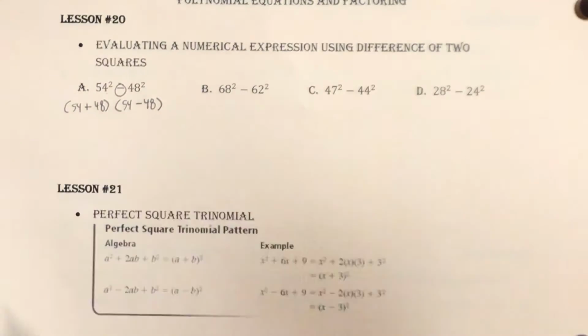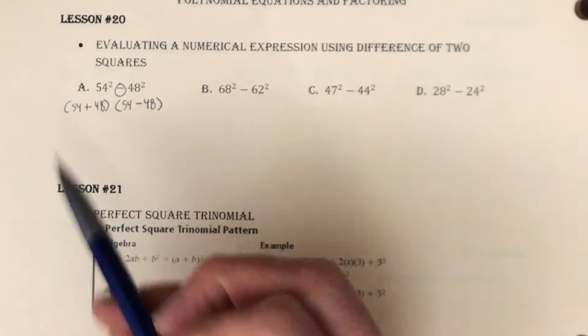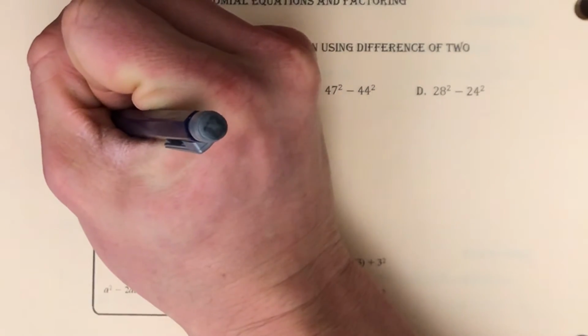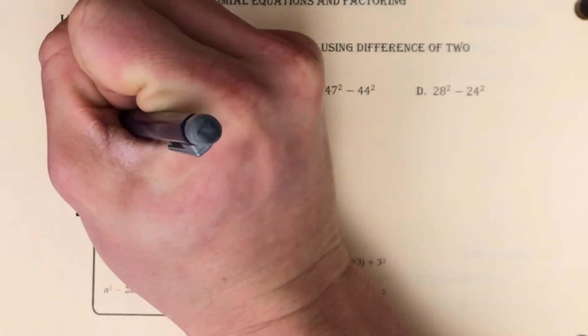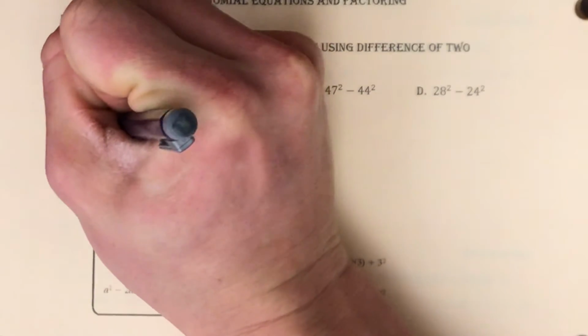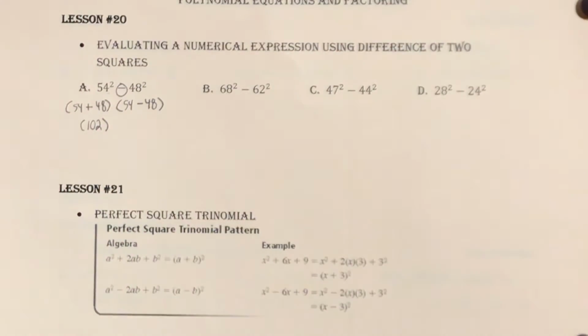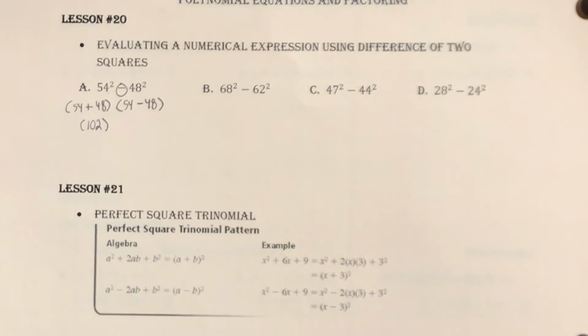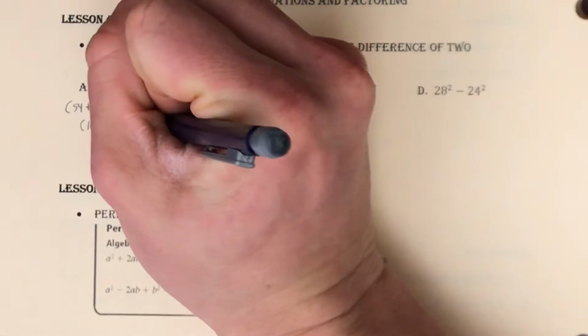So 54 plus 48 is 102. If you're not sure, you could work that out, but I can do that one in my head because I know 50 plus 40 is 90, and 8 plus 4 is 12, and 90 plus 12 is 102. Then the second one, 54 minus 48, I know that is 6.